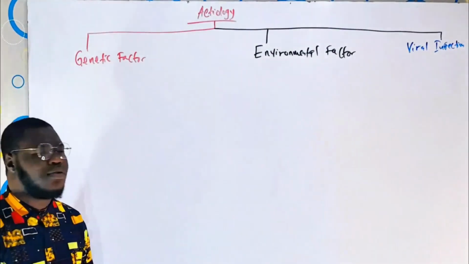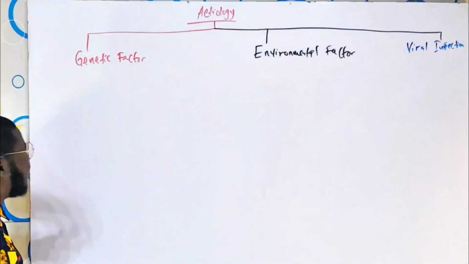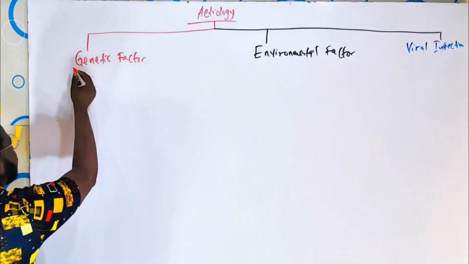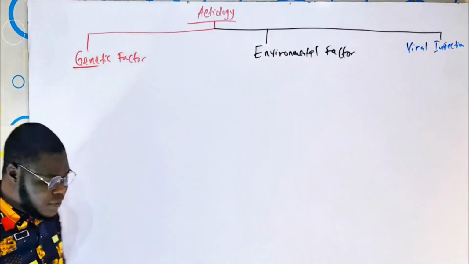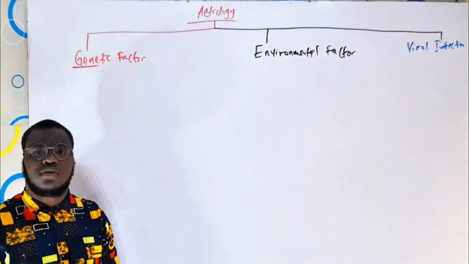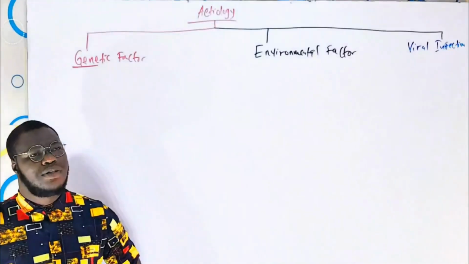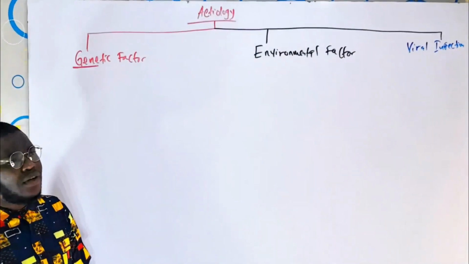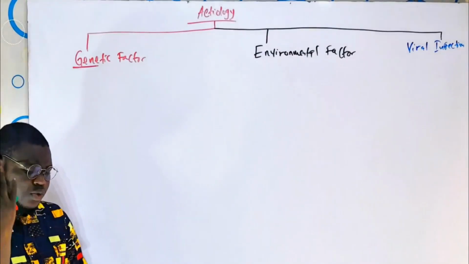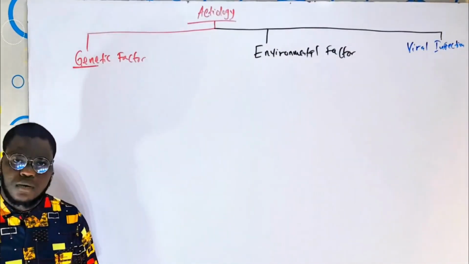Now, the point is, what is genetic factor? Genetic factor mainly is talking about the genetic makeup, so the genes. When some things happen to the gene, they change, and when they change, they can proliferate. What does the gene have to do with the white blood cells?